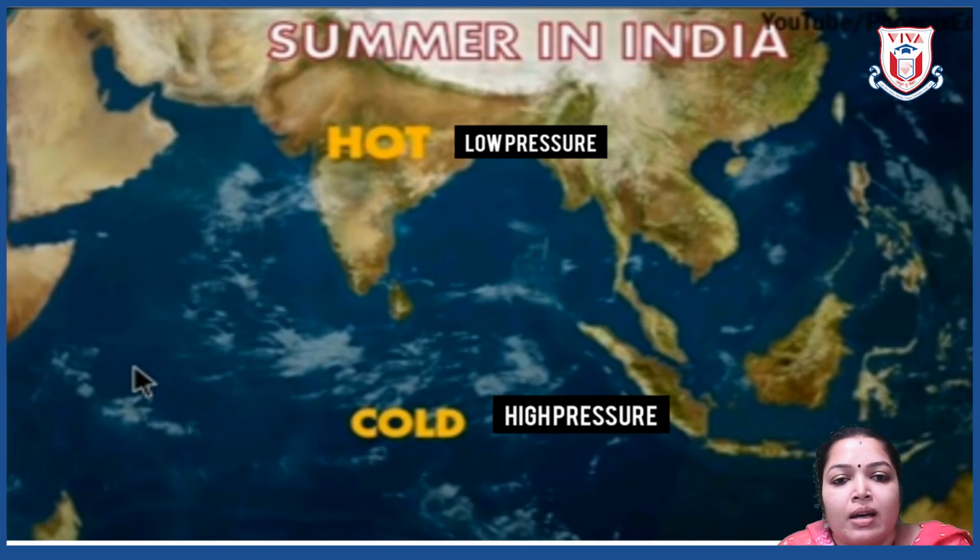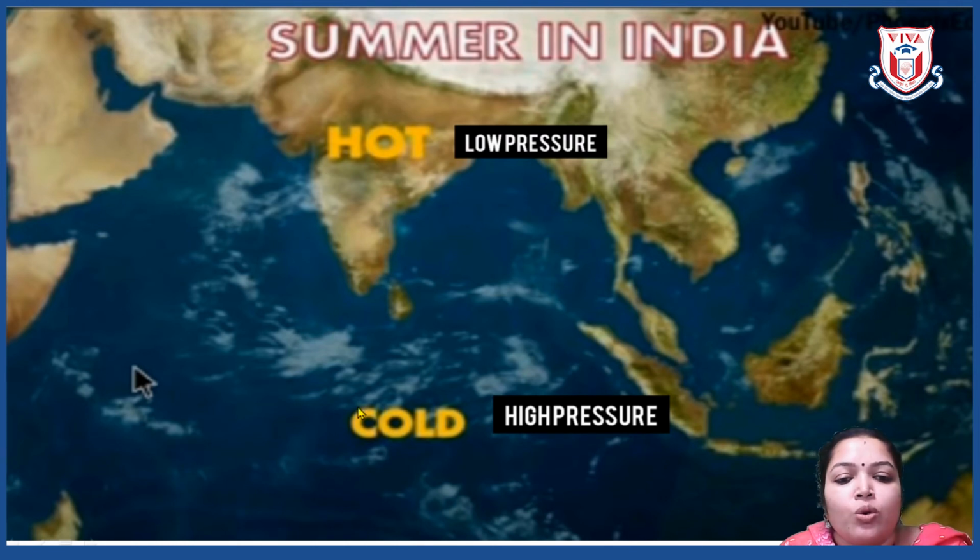When it is summer in India, we will have a hot climate here, and in the Indian Ocean we will have a cold climate here. So, a low pressure is created here and a high pressure is created there. It is a tendency of air to move from high pressure to low pressure.